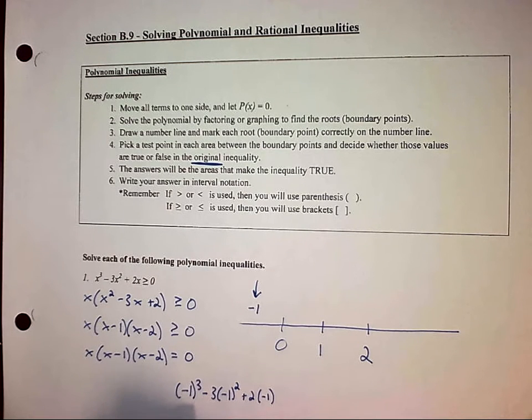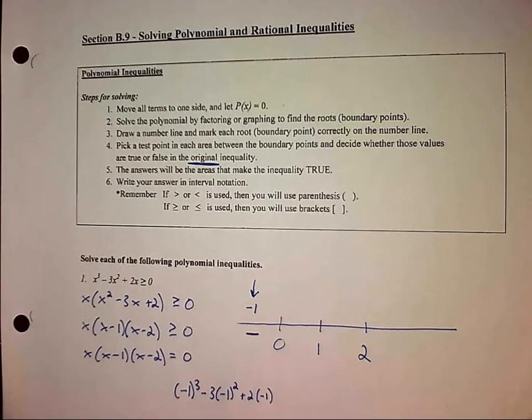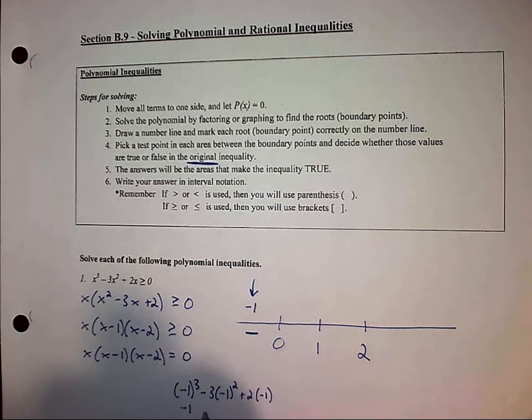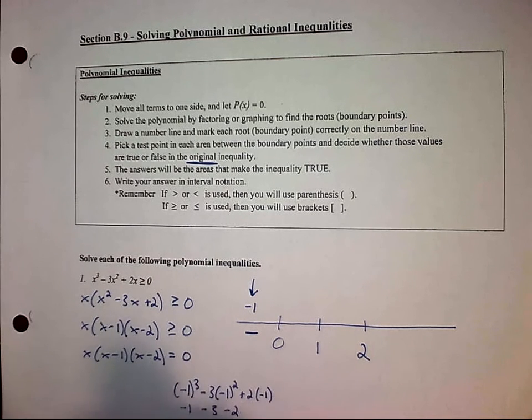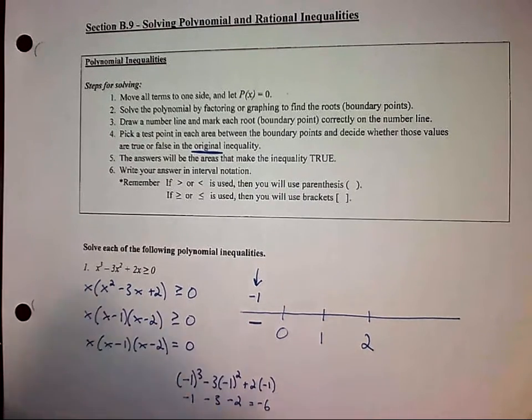And if we plug these things in, in this area right here, it's going to give us a negative value. This is going to come out to negative 1 minus 3 minus 2, so this is going to give us negative 6, and negative 6 is definitely negative. And we're only caring if it's positive or negative right now.